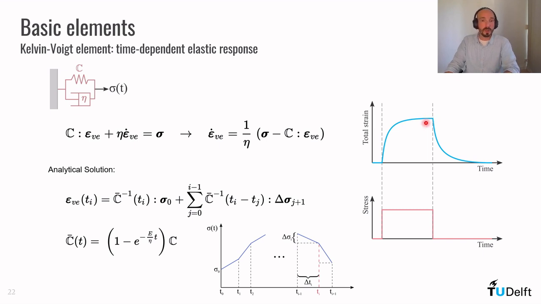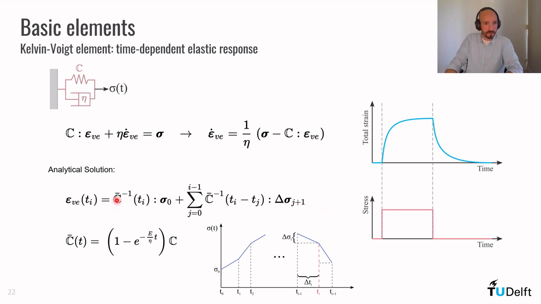Okay. Now this is just an ordinary differential equation with a time derivative here. It has an analytical solution for a general stress condition like this. For example, if you apply a stress condition in a discrete manner, which is usually the case, the analytical solution is given by this expression here.